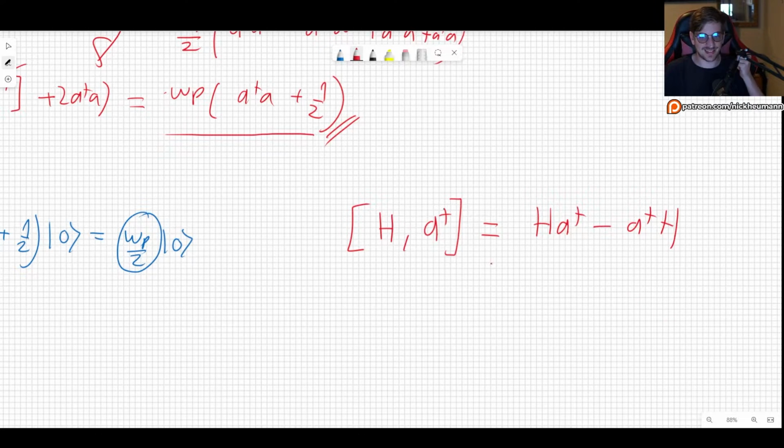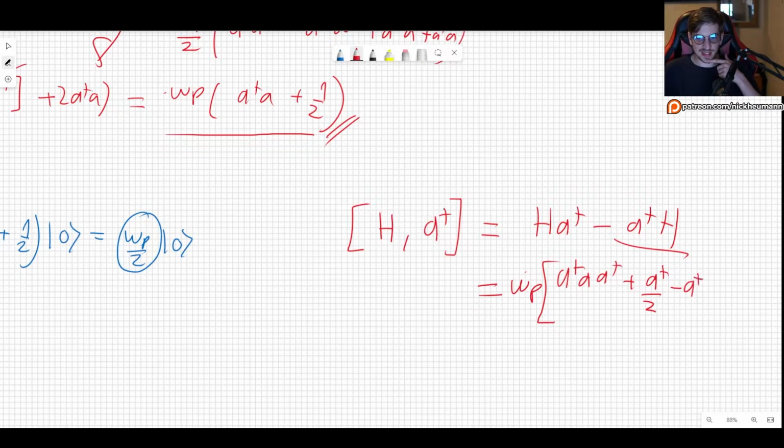Plugging it in, we can factor out omega from this entire thing. Then we have a dagger a times a dagger plus 1/2 times a dagger, so a dagger over 2. And then this part is minus a dagger times the Hamiltonian, so we get a dagger a, and then minus a dagger over 2.